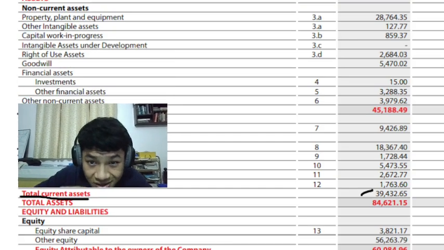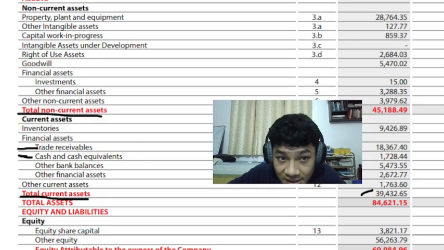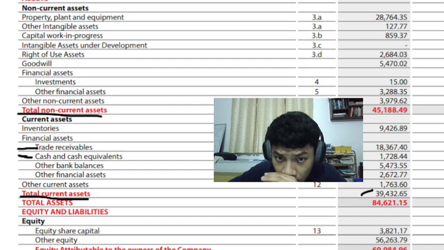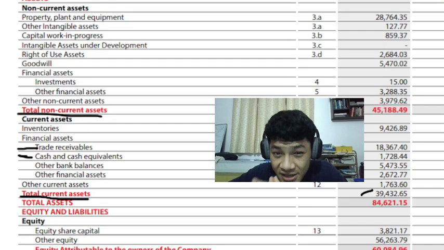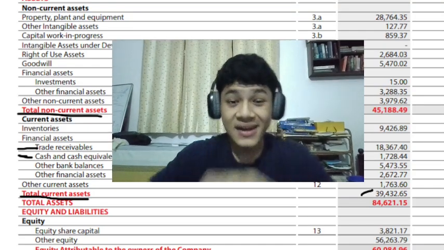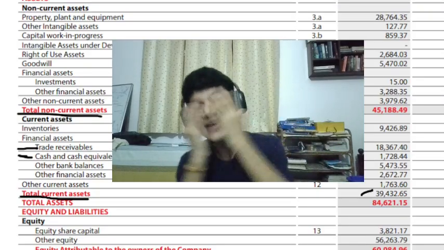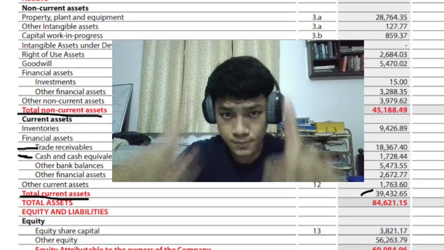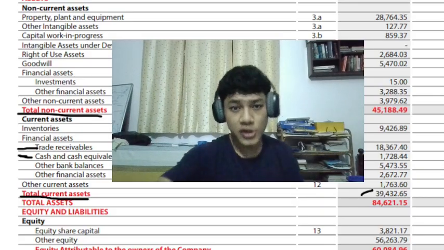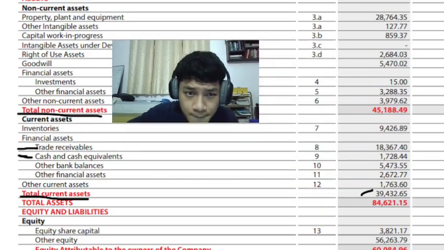Total current assets are 39,432.65 lakh rupees, 394 crores. Sorry, its current assets are actually very close to its non-current assets, which is interesting.